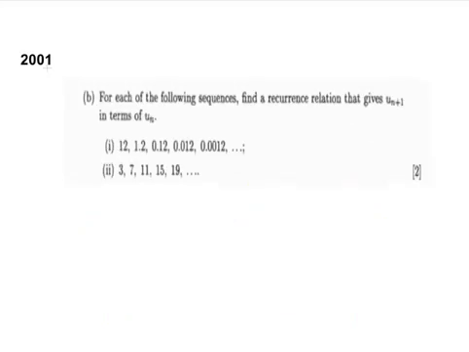Now, the next step is, for each of the following sequences, find a recurrence relation that gives u of n plus 1 in terms of u of n. So what's happening here? u1 is 12. u2 is 1.2.